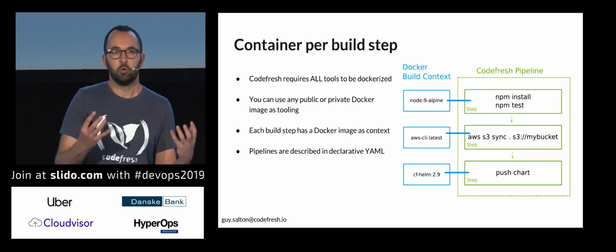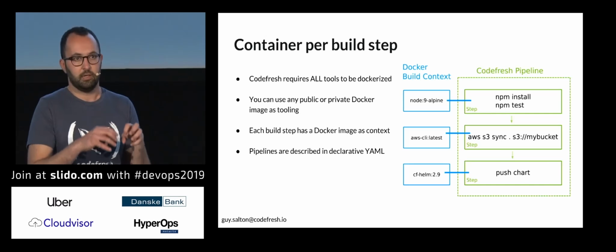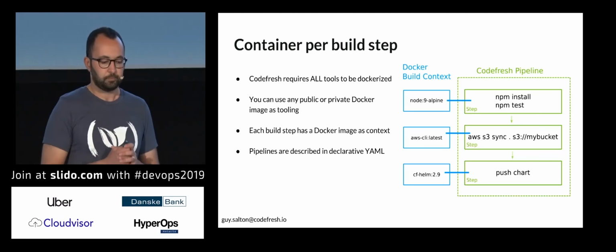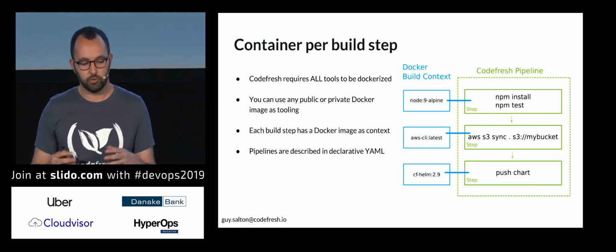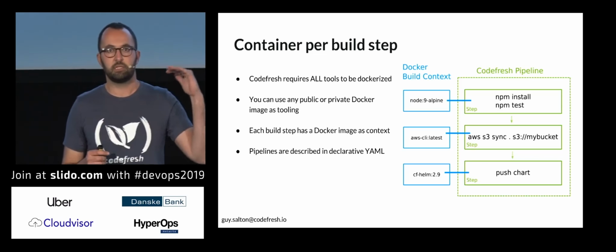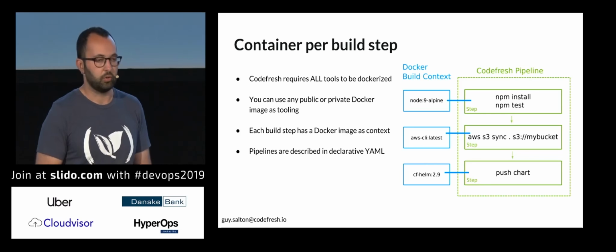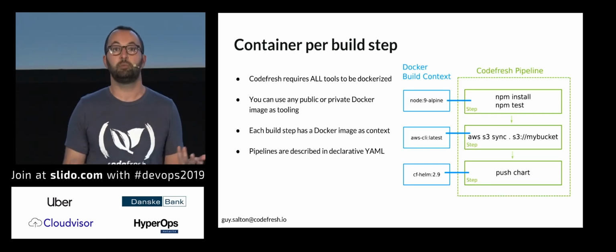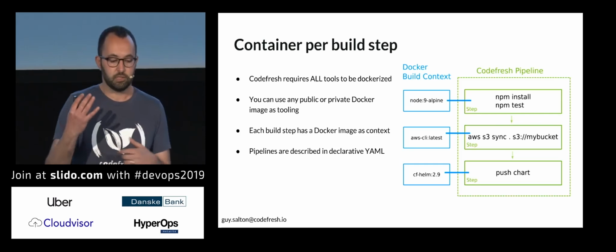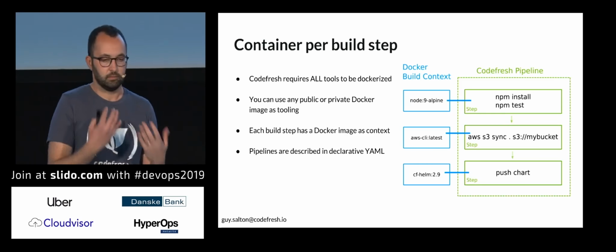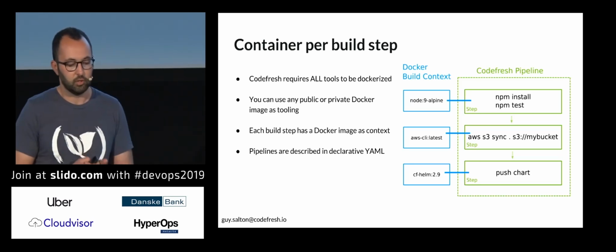So how will this look like? Let's take another step deeper and look at an example of a pipeline. So with this new approach, as I said, every step in the pipeline will run a Docker image. So let's say I have a node application, and in the first step, I want to install the dependencies, download the node modules.